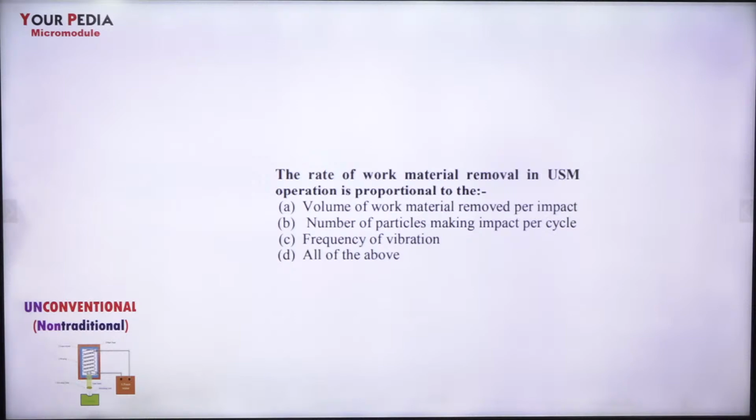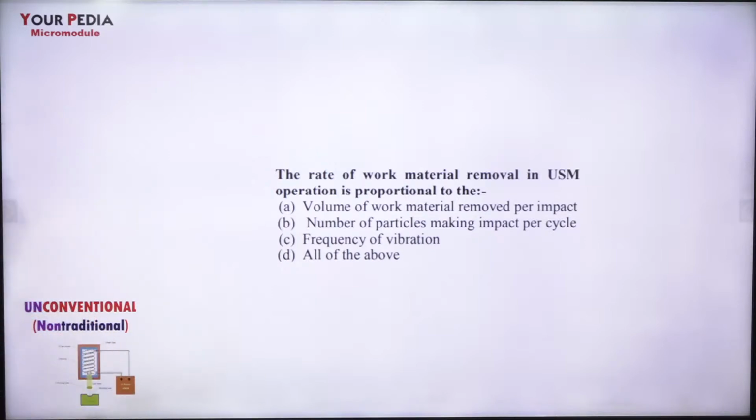Rate of work material removal in ultrasonic machining operation is proportional to what? Volume of work material removal per impact, number of particles making impact per cycle, frequency of vibration.